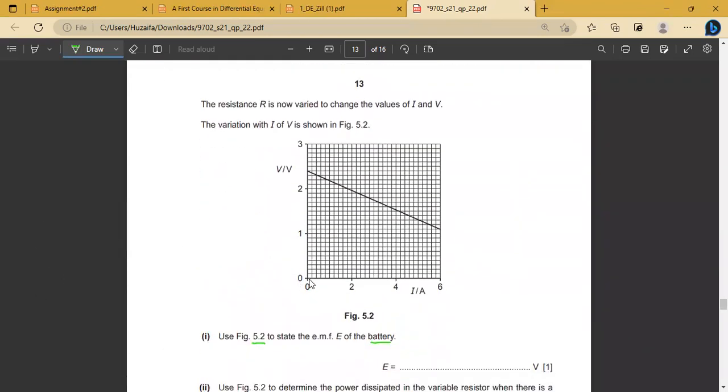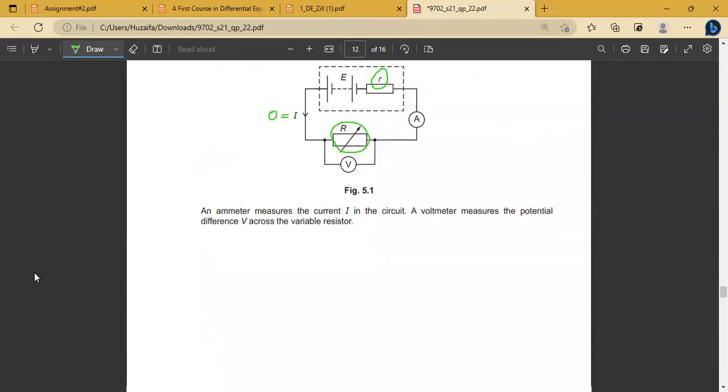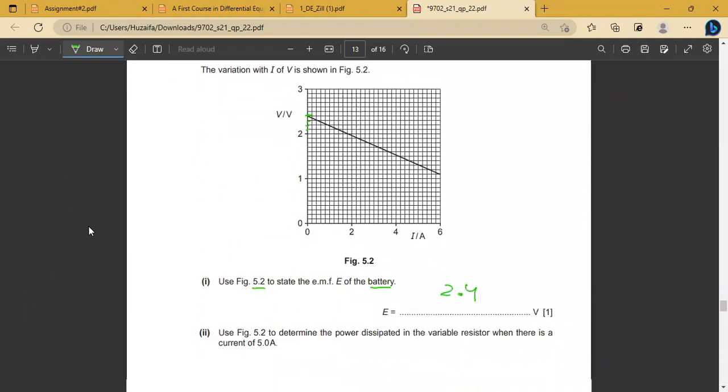So when the current is 0, the voltage shown by my voltmeter is the EMF of the battery. Is it clear? 2.1, 2.2, 2.3, 2.4. So 2.4 volts is the EMF of my battery, not the terminal voltage of the battery. The voltage of the battery will be different when the current value is not 0. We will discuss this in the next parts.